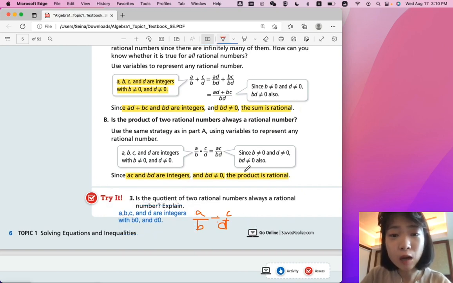Okay, it has the same condition. And now we need to solve it. You can change this equation into a multiplication equation, right? Change this into a multiplication by using the reciprocal. And you can say that A times D over B times C would be the quotient of this. D and B are not 0, right?